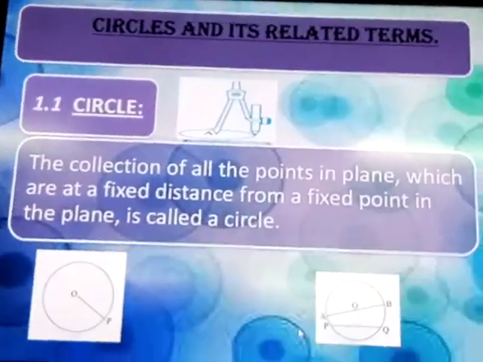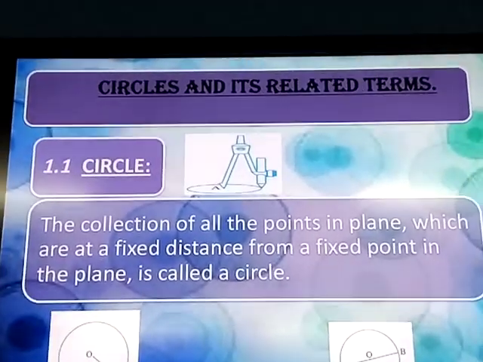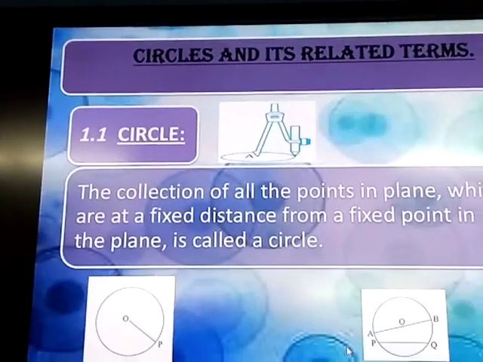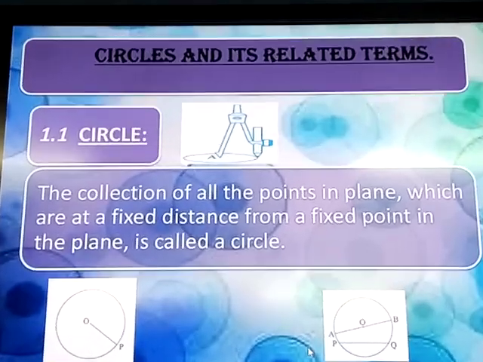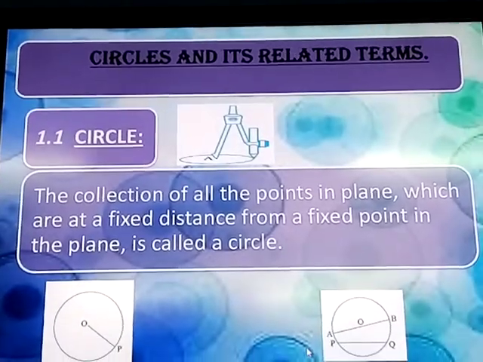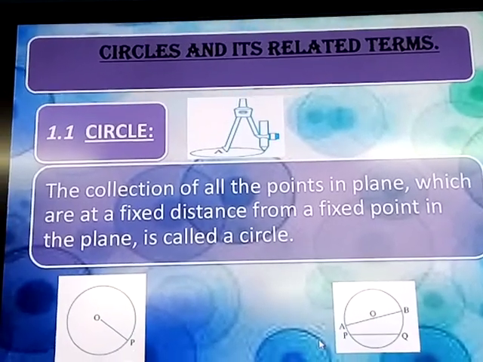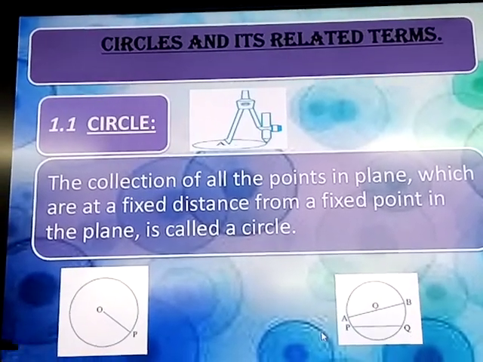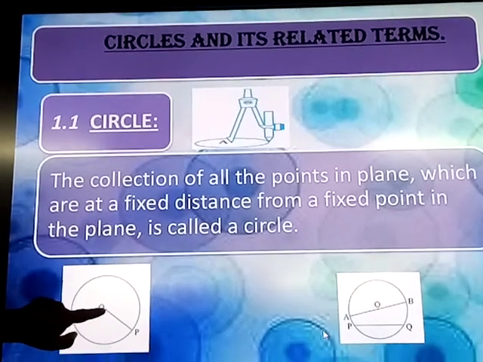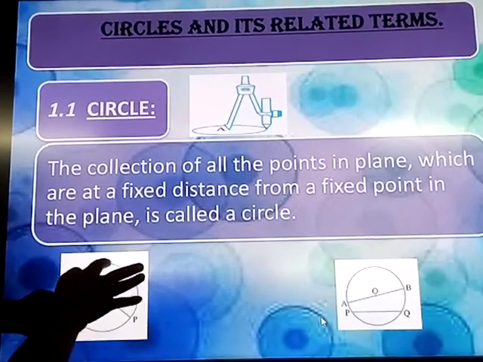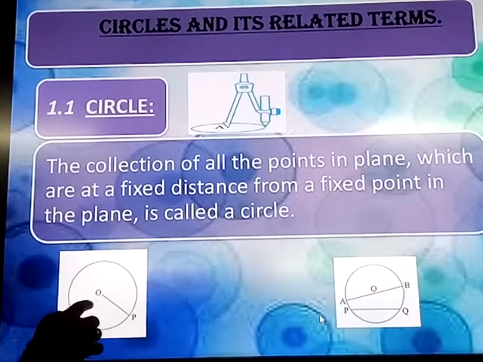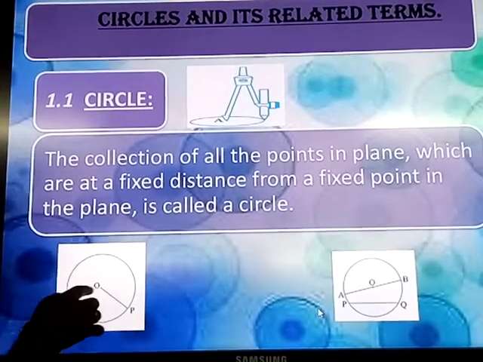So let us start with the first term, circle. The collection of all the points in a plane which are at a fixed distance from a fixed point in the plane is called a circle. See here, this is a fixed point and these are points collected which are at equal distance from the fixed point.